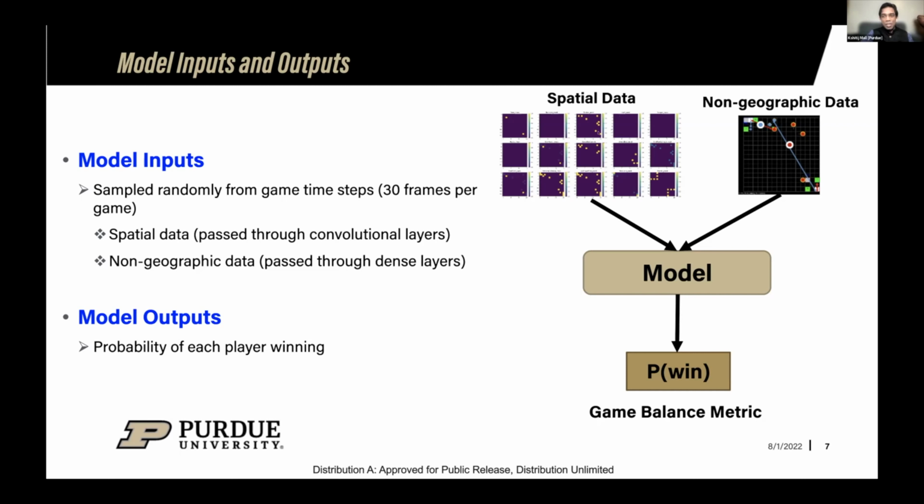Like I said, there is spatial data or geographic data, and there is non-geographic data. Both of them feed into the model. And then out of that, we get a certain game balance metric, which is useful for us. Here we have chosen something very simple, which is which player is going to win? Is it player 0 or player 1? That probability it tells. So that is in short the model that we have used.